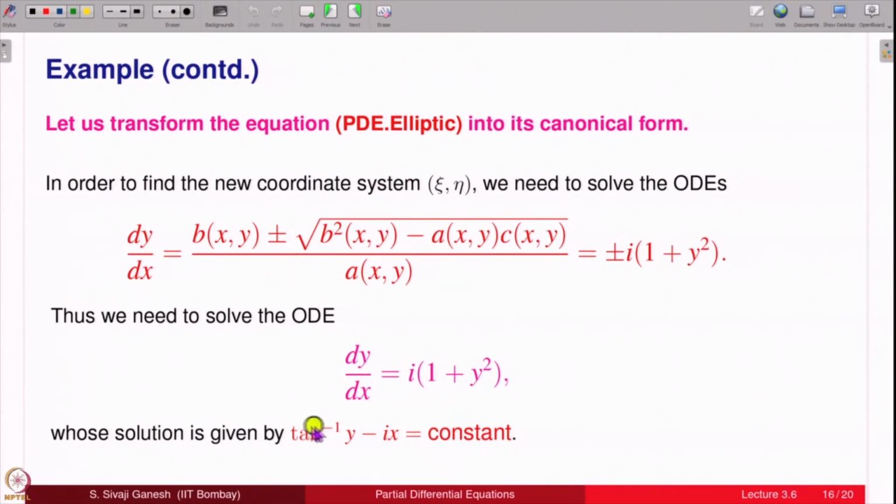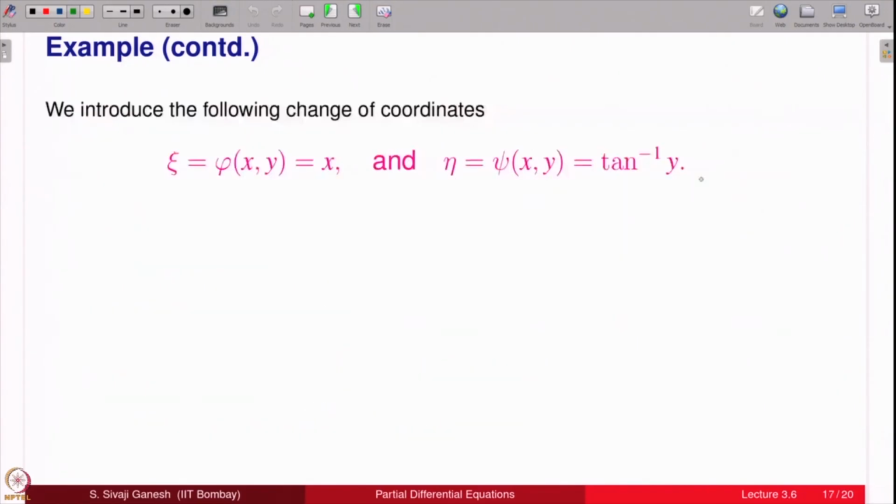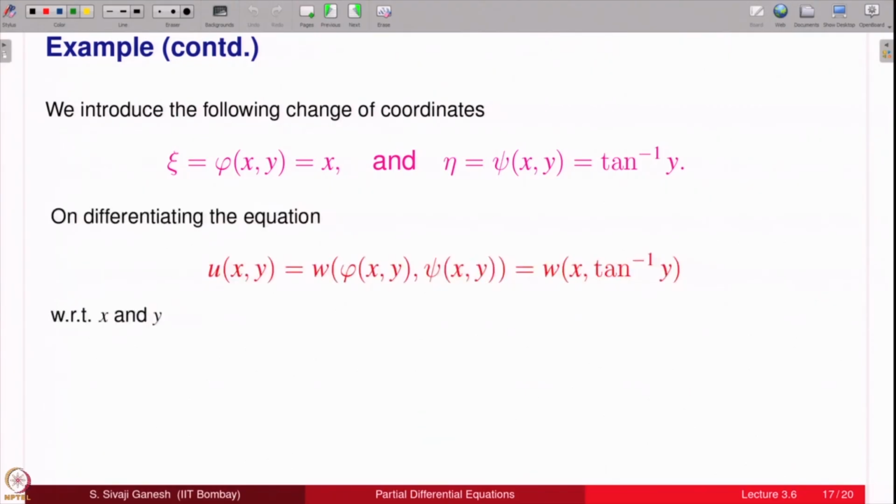So, it does not matter what I call the variables phi and psi. In the theorem that we presented, this was called phi and this was called psi, but we are interchanging here. It does not matter because there is no preference for the variable x or y or xi or eta. So, we propose u of x y equal to w of x comma tan inverse y.